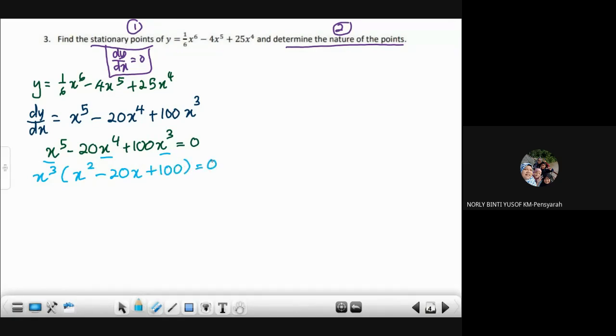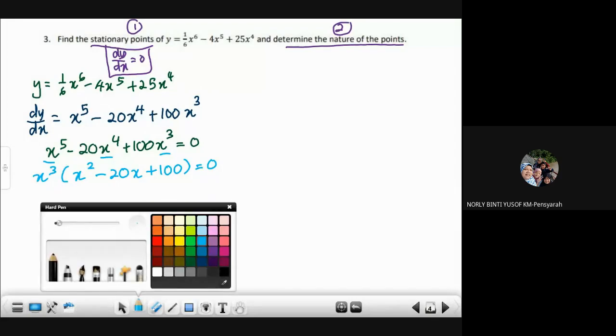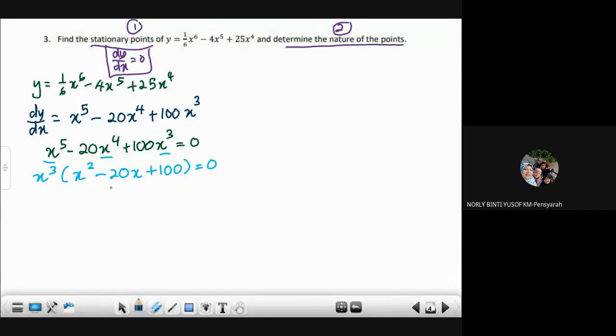Still can solve. Inside is quadratic, so you can use your calculator. Use the calculator with A 1, B negative 20, C 100. You will obtain the root in your calculator: x equals 10.